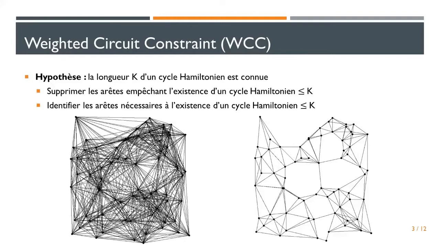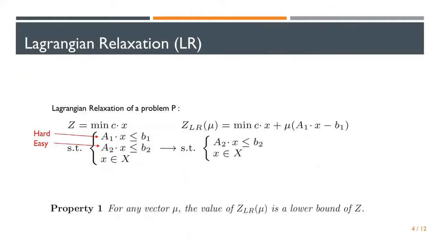Thus, the search space will be considerably shrunk. In practice, it is easy to obtain such a k, for example with heuristics for the TSP, like LKH, that are very fast.